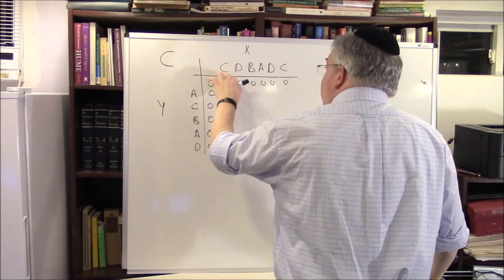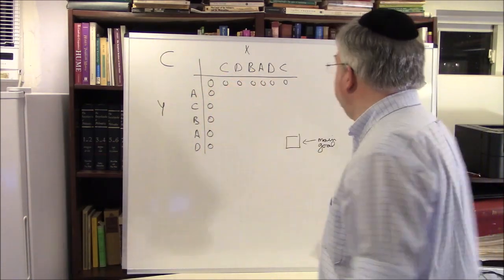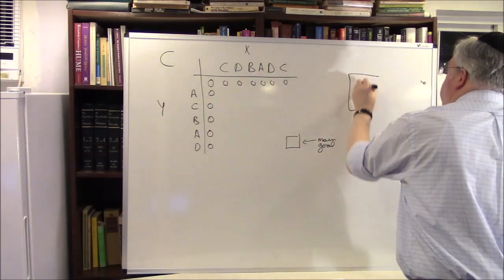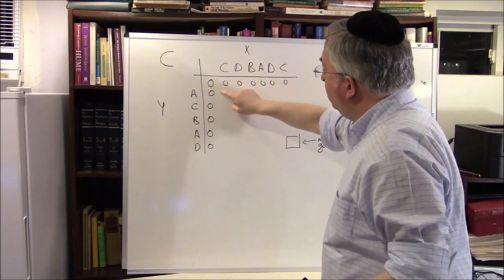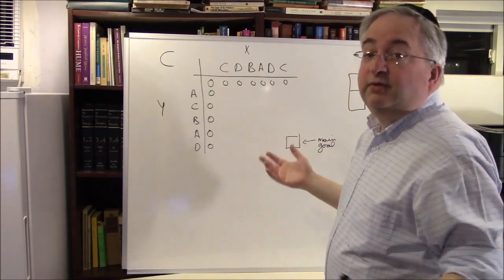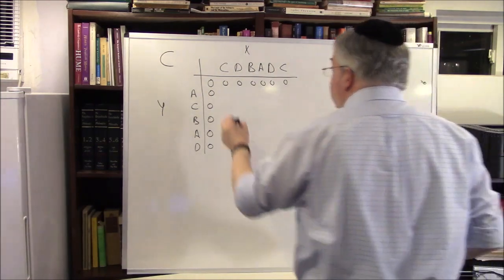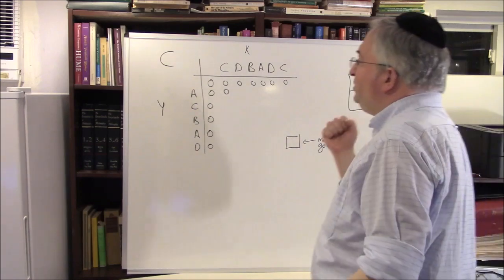A is not equal to C. So since they're not equal, we have to look at the larger number from here and here. What's larger? 0 or 0? And the answer is 0. But we need another piece of information. We have to know, where is this 0 coming from?